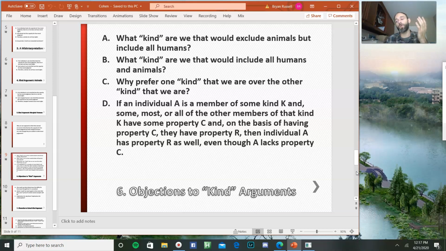So then it seems if being a member of any kind that has the capacity for free moral thought is sufficient for having rights, then an animal is of many kinds that have the capacity for free moral thought, any of the kinds that they share with us. And Cohen doesn't give in his paper any reason to think that we should prefer to be talking about species instead of any other classification. So absent that, his claim is reduced to speciesism.